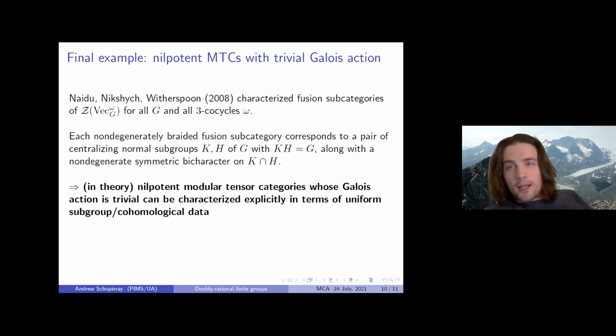Typically when I'm describing these modular tensor categories with trivial Galois action, I can describe them in terms of finite groups, but as I look at larger and larger examples, you find that you need more and more data to describe how to construct these categories. But here in this special case of nilpotent categories, we have a way to describe them where the number of pieces of information that I need isn't growing as the size of the category grows. So there's a very small set of data that you need to describe these.